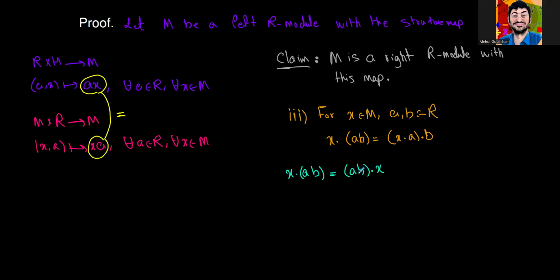Also a and b are in our ring, so they can be commuted.